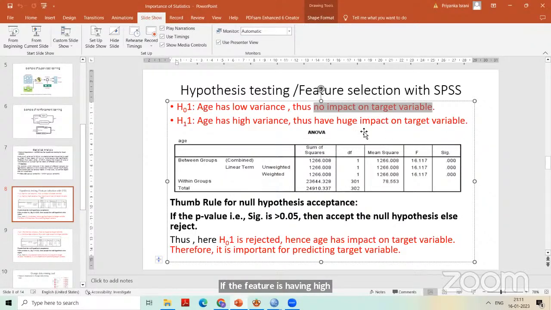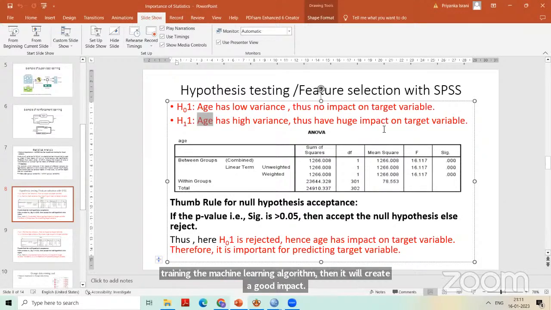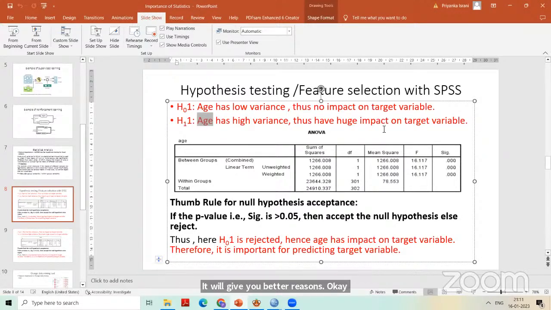If you choose this variable for training the machine learning algorithm, it will create a good impact and give you better results. Low variance features are not important for training, while high variance features have more importance during training.